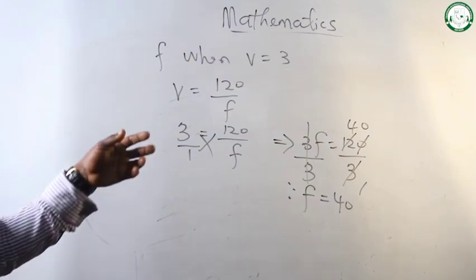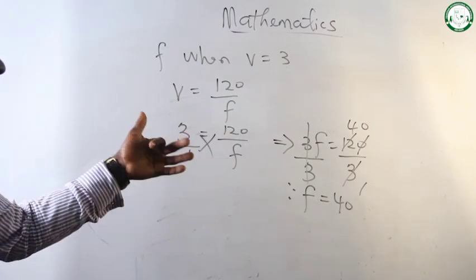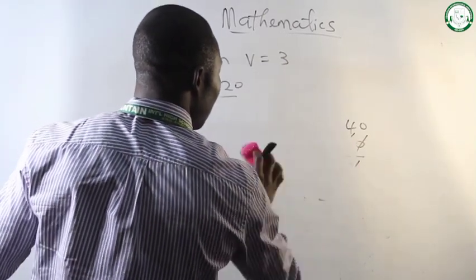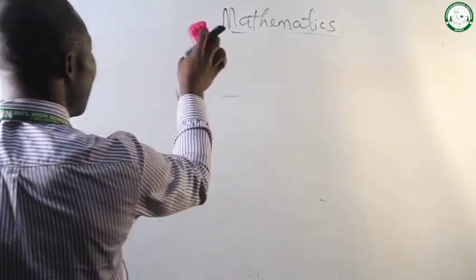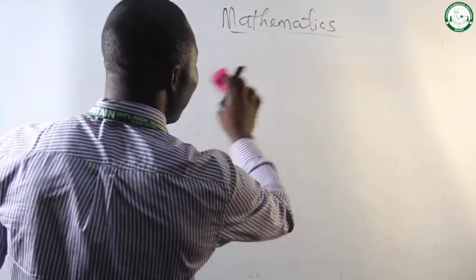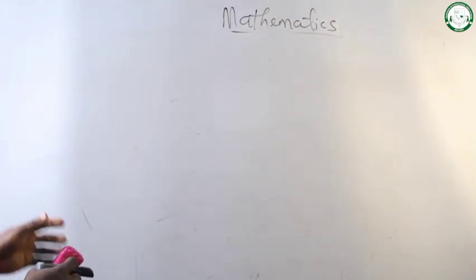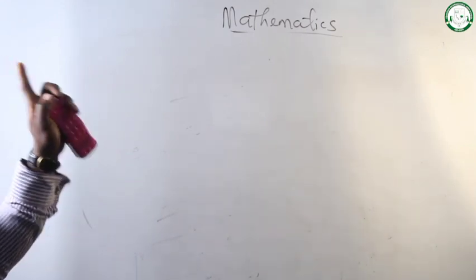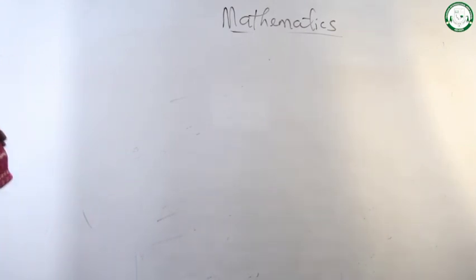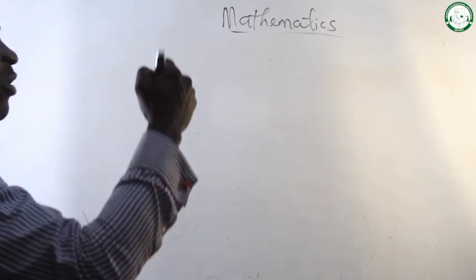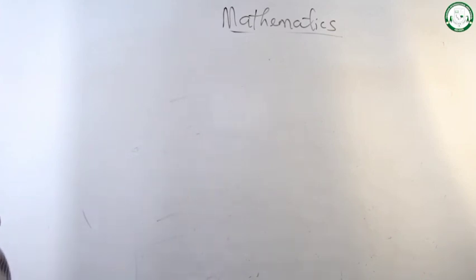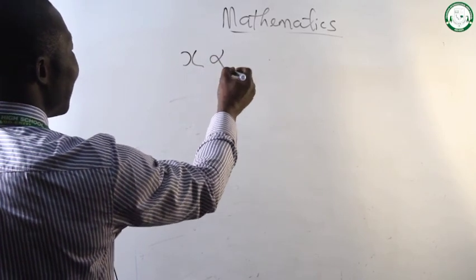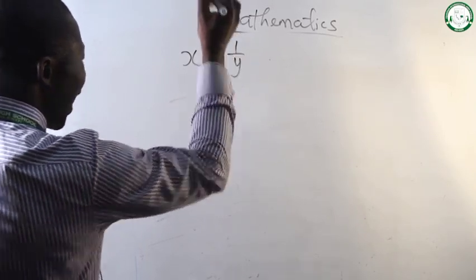Before the assignment, I want to call our attention to something, just to remind us about inverse variation. In conclusion, inverse variation, like I said at the beginning of the class, means 1 over something. Where we started, we said x varies inversely to y.